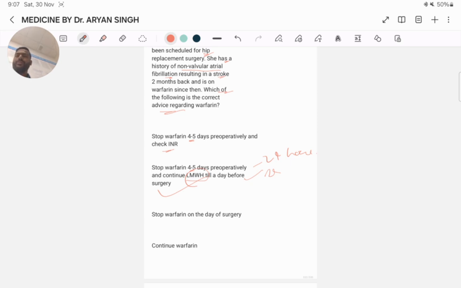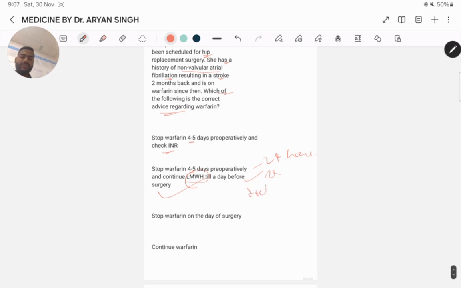Patients who have a lower risk of thrombosis may have warfarin discontinued 4 to 5 days pre-operatively and then restarted after the successful surgery.